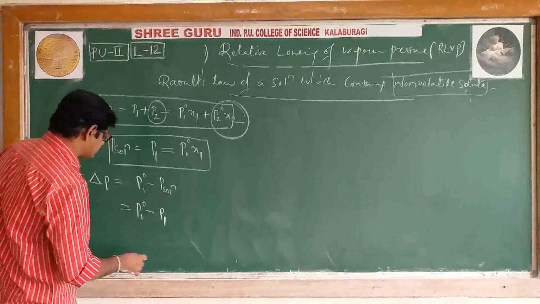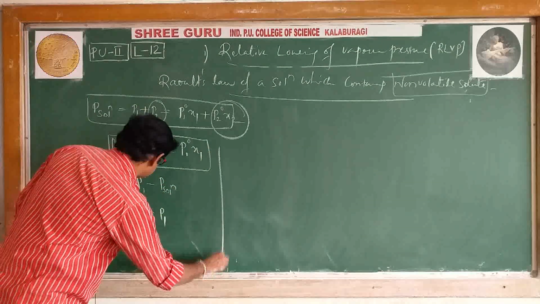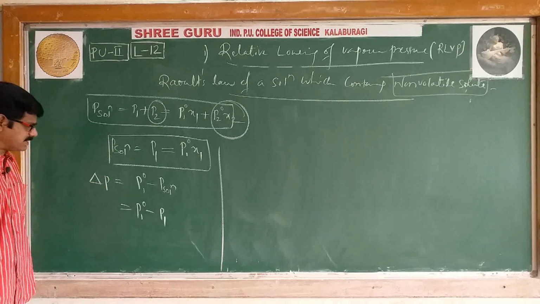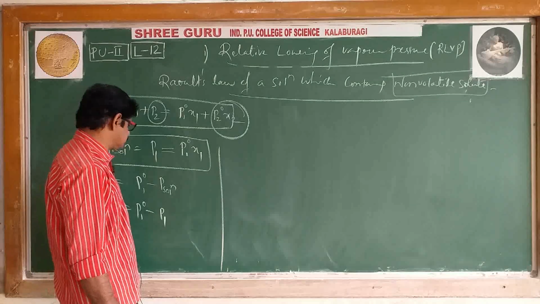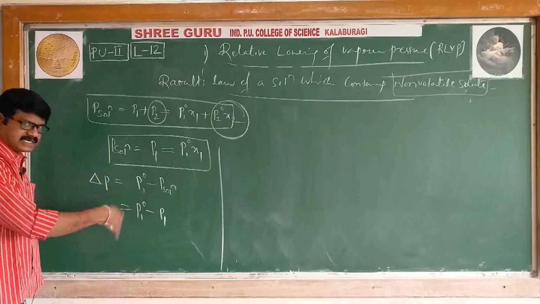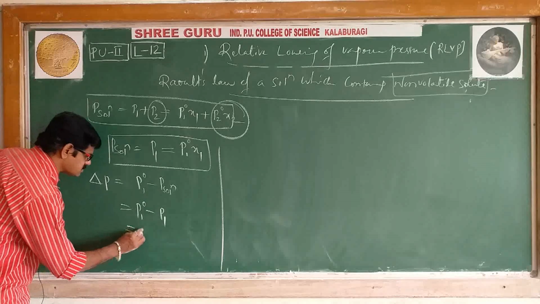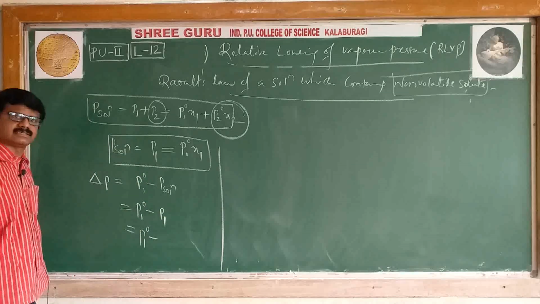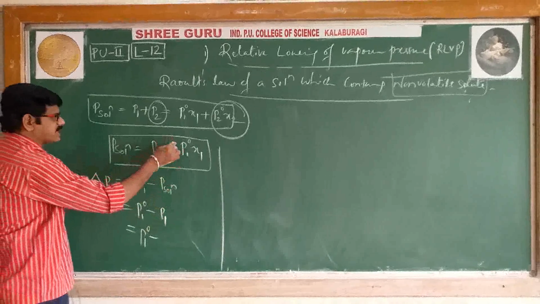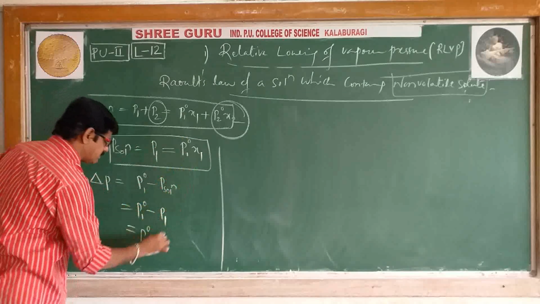Therefore, we'll write like this. P1 naught minus P solution, that is equals to P1 naught minus P1, and P1 equals P1 naught x1.